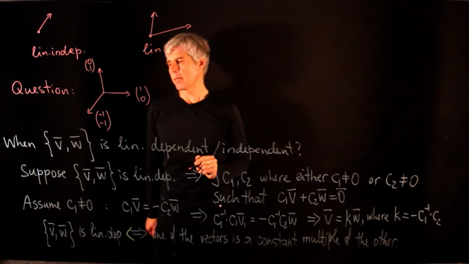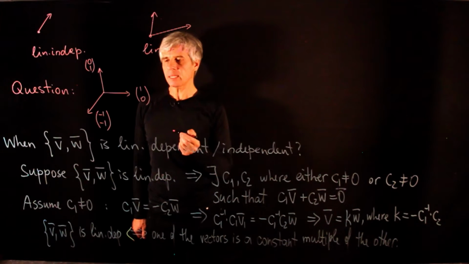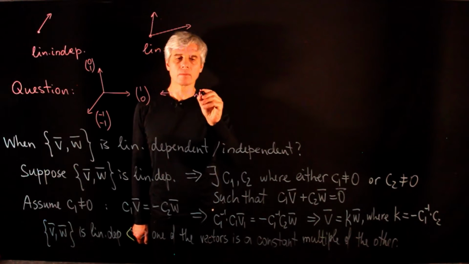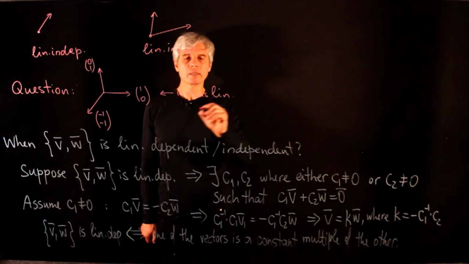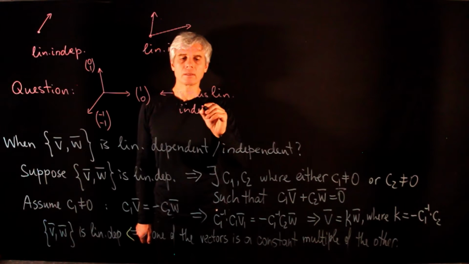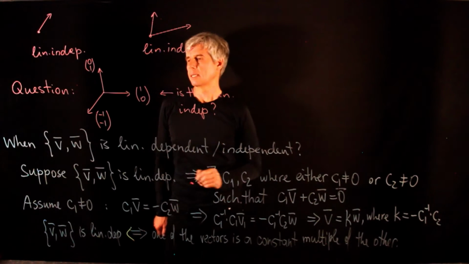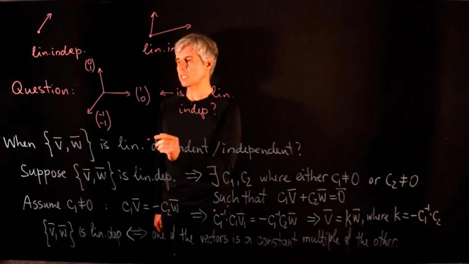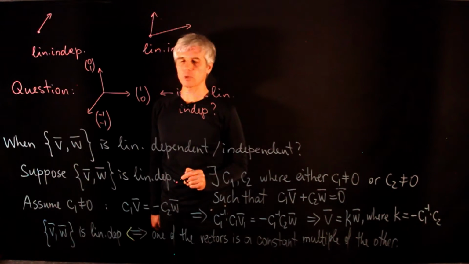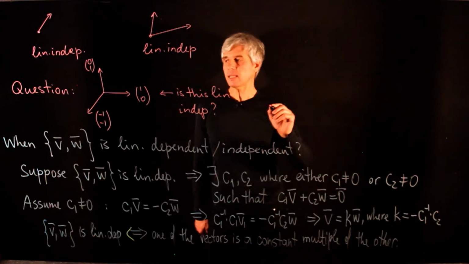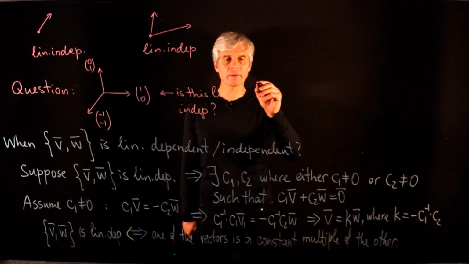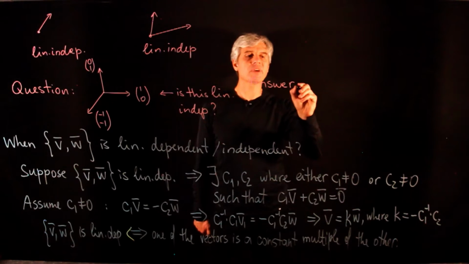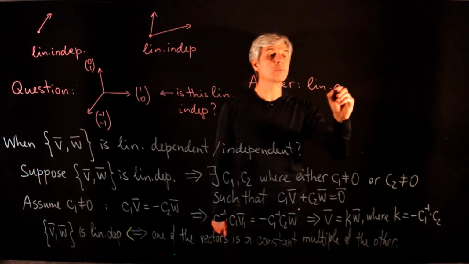And I will ask, is this linearly independent? Right? So here, three vectors are non-zero, and none of them is a multiple of another vector. Yet, what we get is that the answer is that these three vectors are linearly dependent.